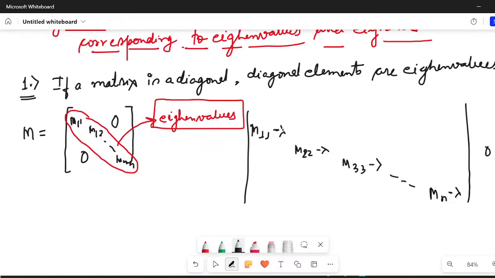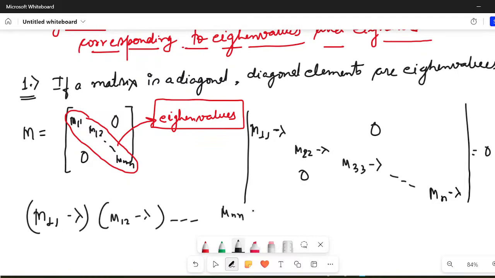So I have to open my determinant through this particular side only, because here it is 0, here it is 0. So what will I get? I'll simply get (m11 minus lambda)(m22 minus lambda) dash dash dash (mnn minus lambda) equal to 0. So your set of eigenvalues is nothing but the diagonal elements.